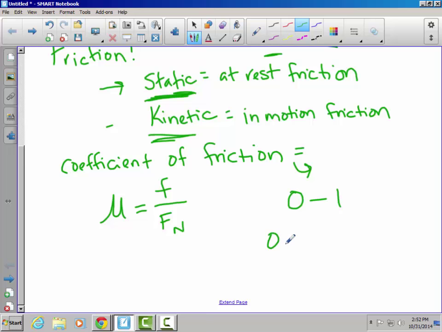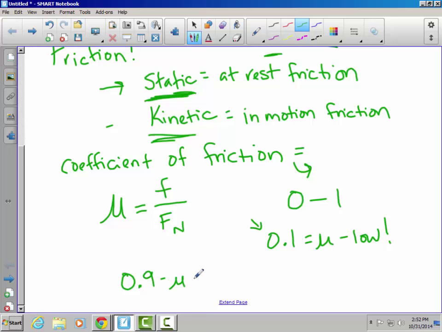A value of 0.1 is a very low coefficient. So this might be the coefficient of friction that exists between, say, two pieces of ice. And then a coefficient of friction that's very high would be something like 0.9-ish.